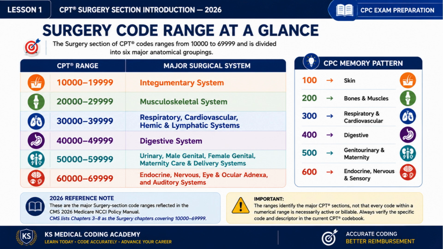Finally, 60,000 through 69,999 covers the endocrine, nervous, eye and ocular adnexa, and auditory systems.